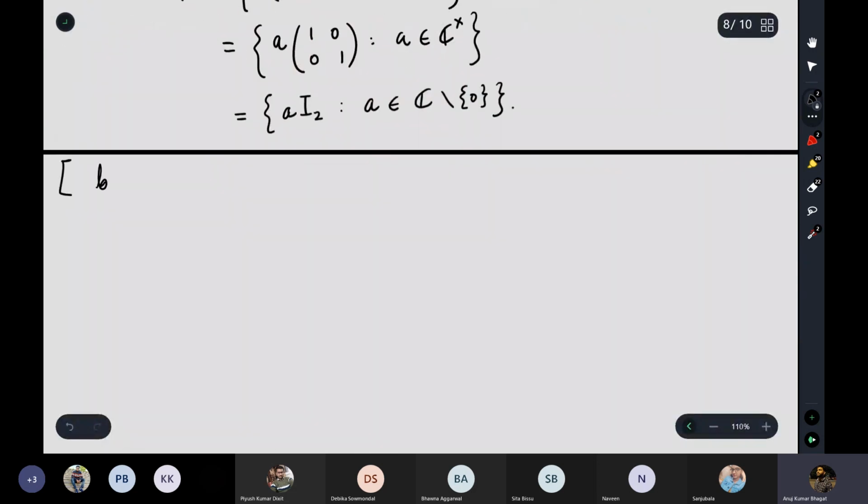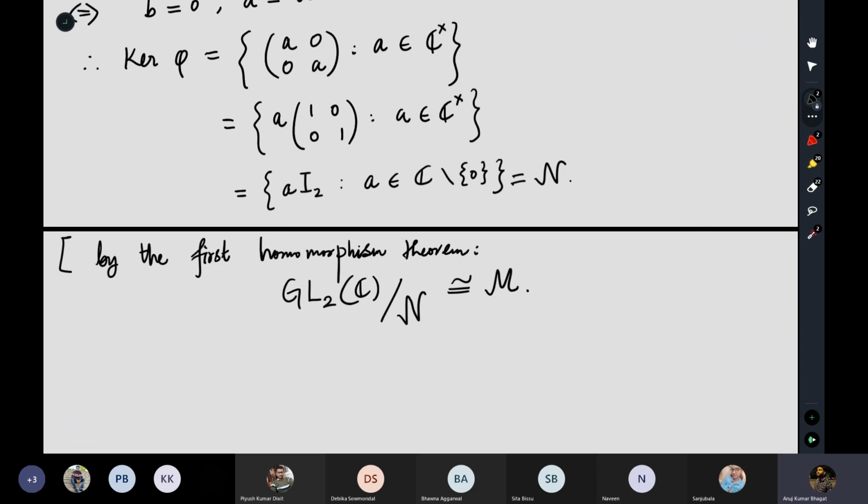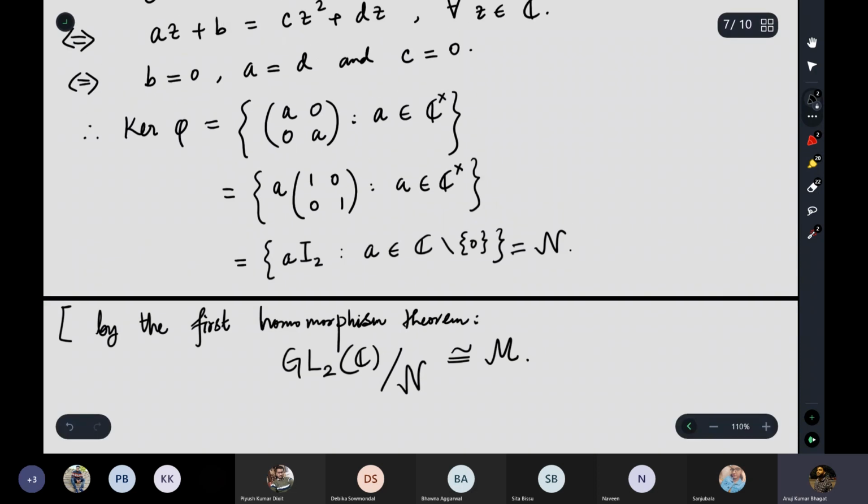What I note is, by the first isomorphism or first homomorphism theorem, if I call this kernel K, this is a normal subgroup, you know that kernel is always a normal subgroup, so GL2C modulo K is isomorphic to M. So from the algebraic point of view, you can identify the group of all Mobius transformations by the general linear group quotiented by the normal subgroup, this one.